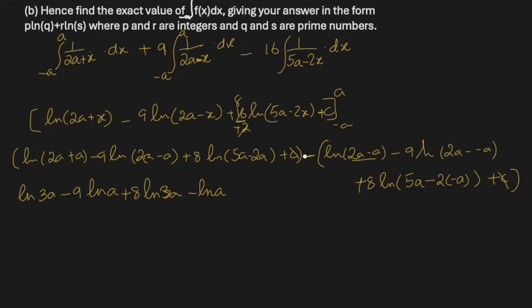Now we have to keep in mind that this is negative, so it will change everything. This is negative, so it will become plus 9 natural log of 3a, this one. Then we have plus 8, it will become minus 8 natural log of 5a plus 2a, 7a.